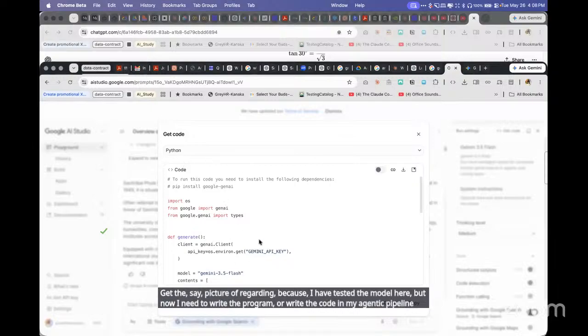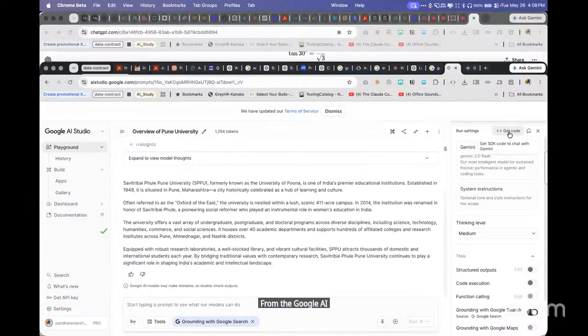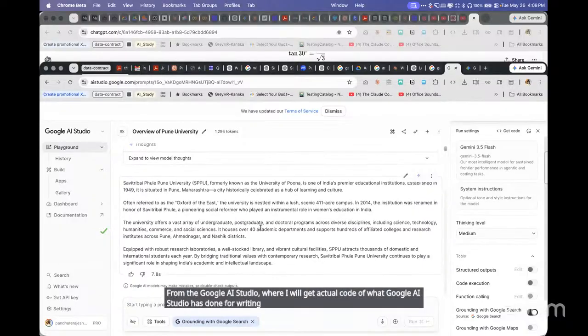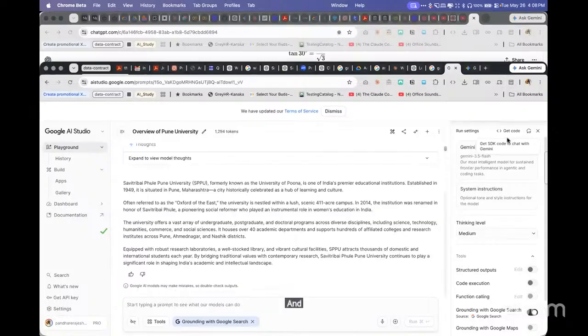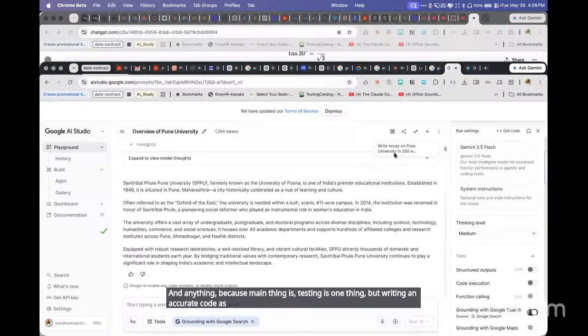In that case, this get code button from Google AI Studio is very useful, where I will get the actual code of what Google AI Studio has done for writing this essay. This will reduce a lot of your work regarding the programming, because testing is one thing, but writing accurate code as per the Google specification is another thing, which will be easy if you use this get code button.